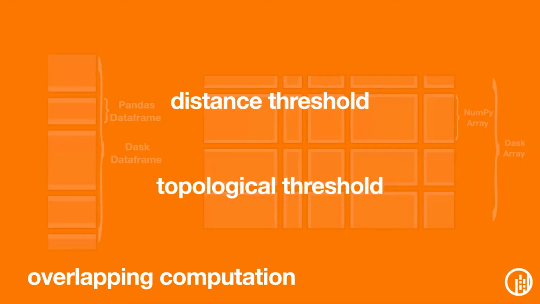Or we can work with a topological threshold. So for example, if we work with zip codes or census tracts, as Dani showed, we may want to understand that one polygon is the direct neighbor of another one, and we want that other one within our chunk as well.